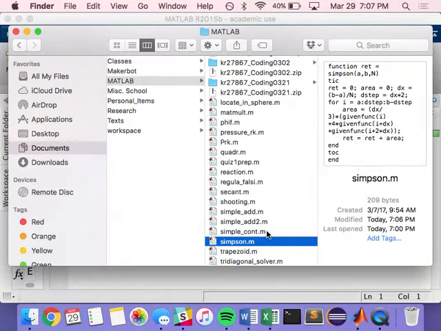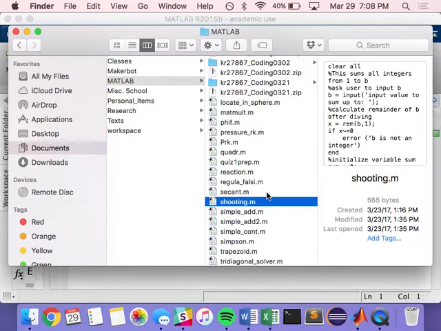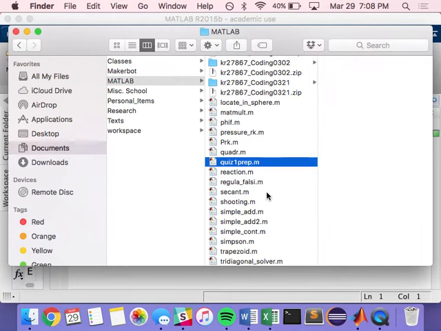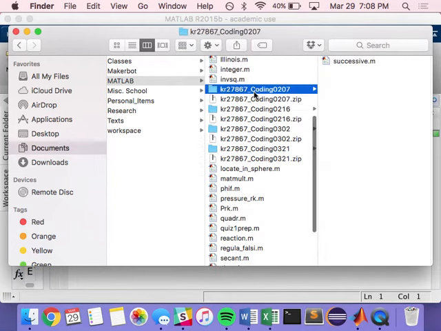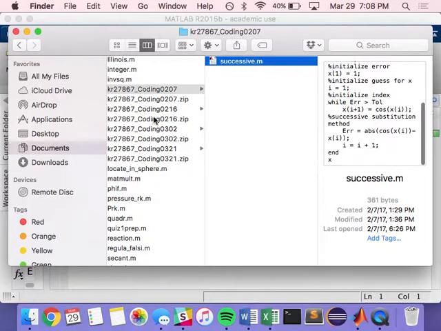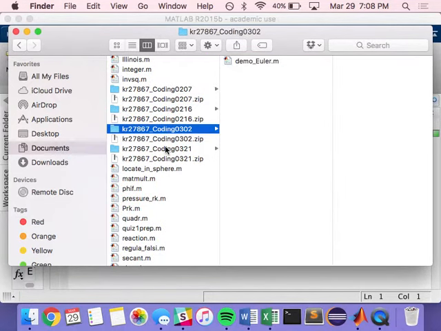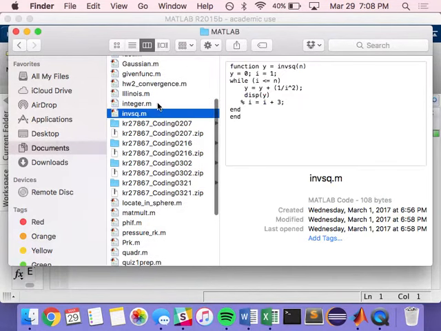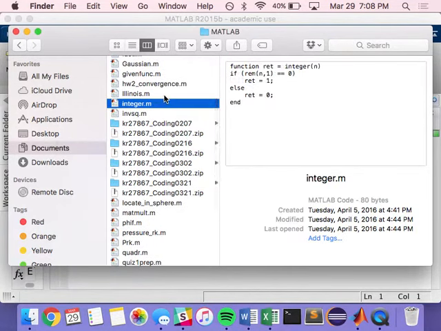So that was 2 things we did to integrate. Let me see if I can find Newton Raphson anywhere. Bisection.